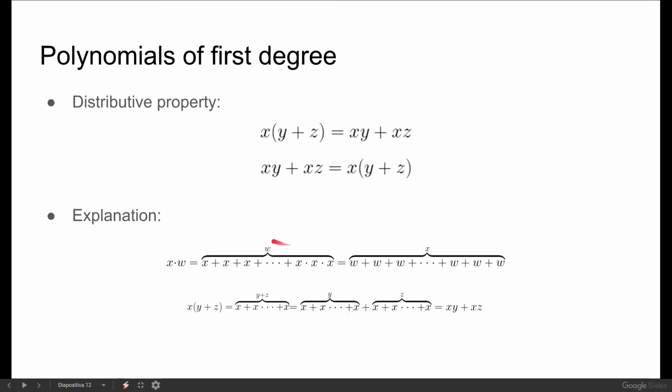Now, because of this exact same definition, I could say this expression right here is equal to x times y, because it's adding x, y number of times. So I have x times y plus x times c. So, because of the very definition of multiplication, we could assert the distributive property.